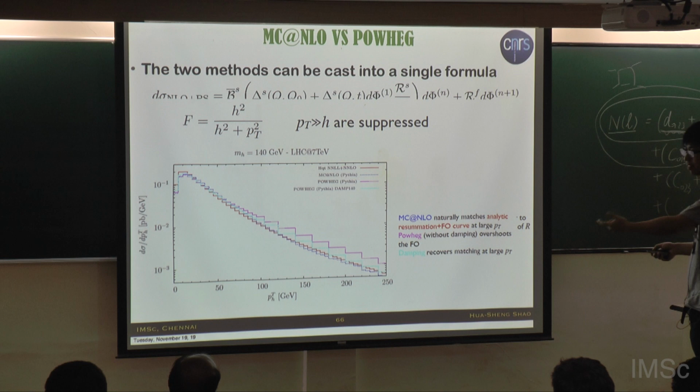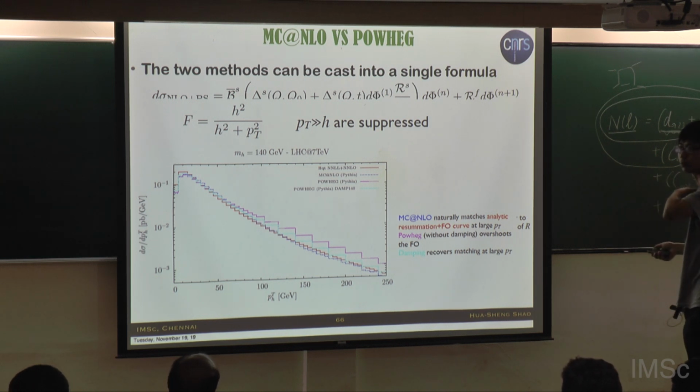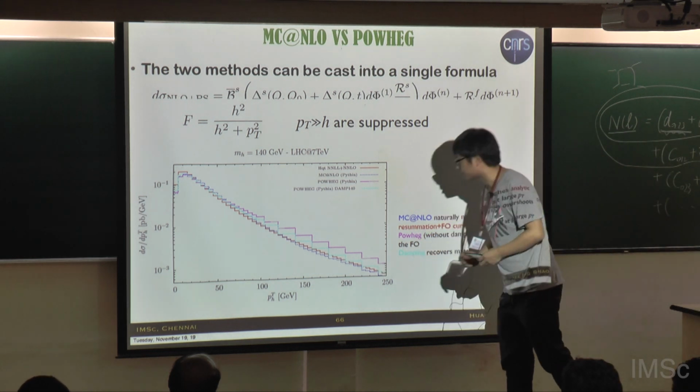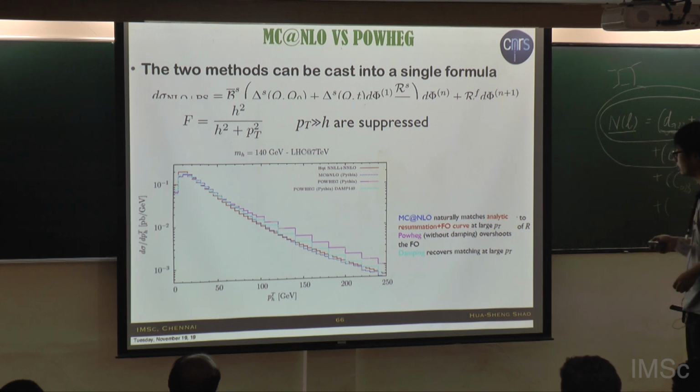I mean, you do not put everything in the singular region. When pT goes to infinitely large, then F goes to 0, so you have very small, everything goes to the finite piece, in fact. So the damping factor will drop these and make sure that it's similar to MC@NLO and analytic calculations. That means in POWHEG it is very important to tune the damping factor.